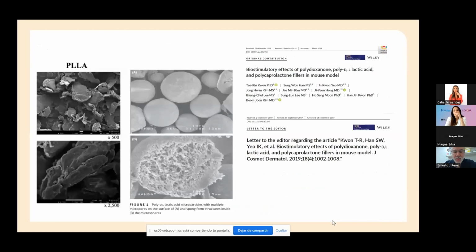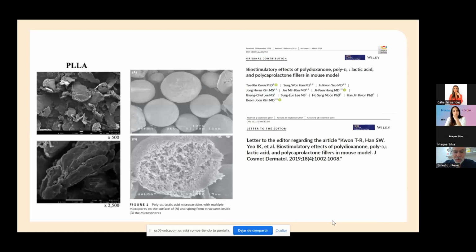Why? Because the difference is very clear in the microscopic images. The levopolylactic acid, on the left of the slide, is irregular, like a broken glass structure. And the PDLLA, Lenisna for instance, has spherical microparticles, and the inside is porous.